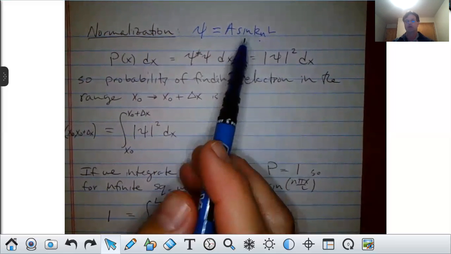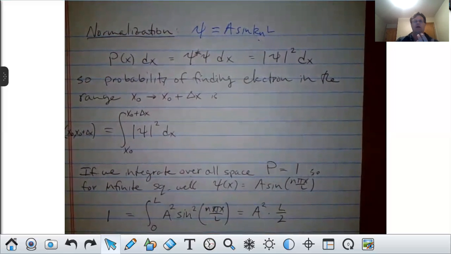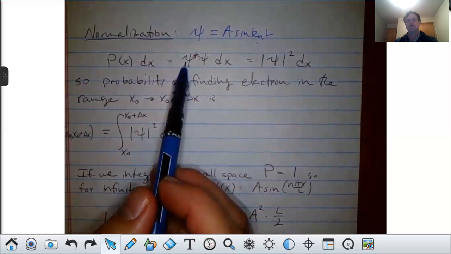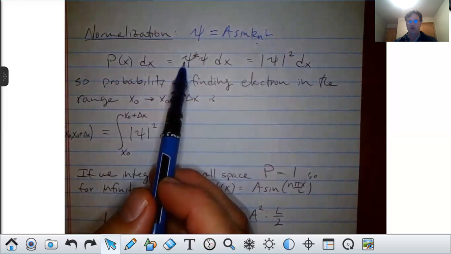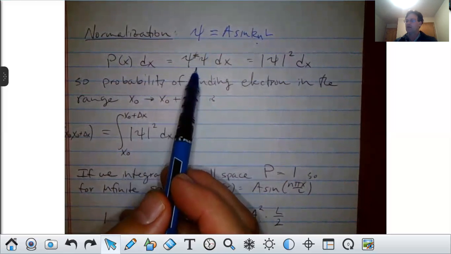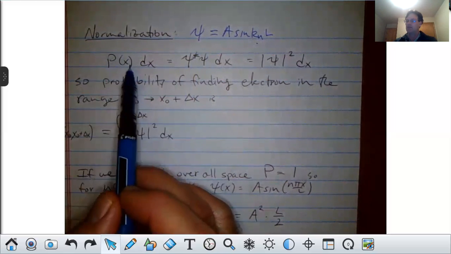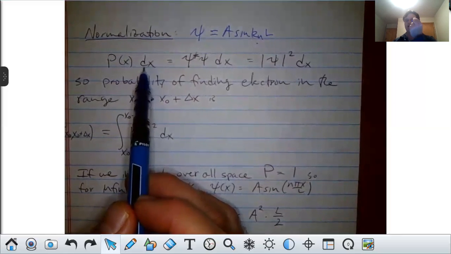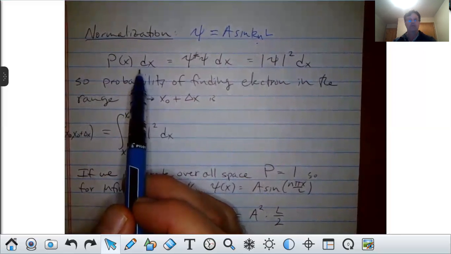And this leads us to the interpretation of the wave function, which is actually due, I believe, to Max Born. So sometimes this is called the Born interpretation of the wave function. The interpretation is that the wave function itself is what we call a probability amplitude. If I square the wave function, I get the probability of finding the electron in a certain region of x, a certain space.